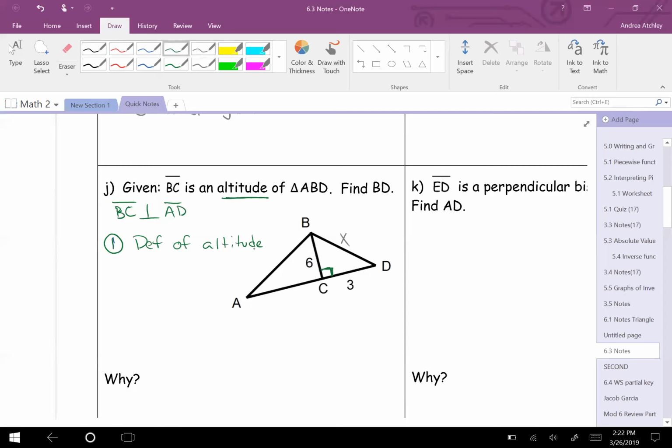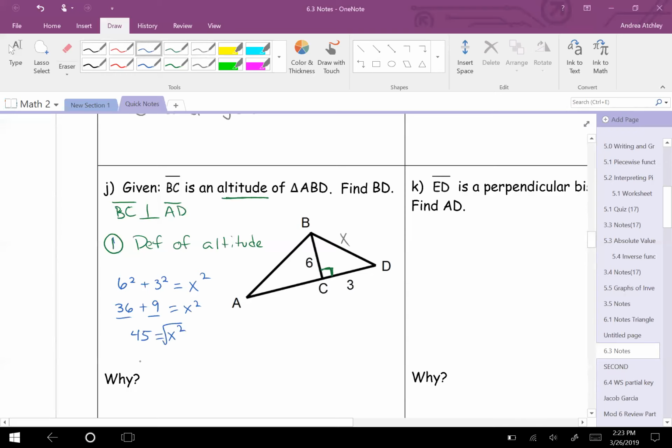Now, how can I find x? Oh, yay. It's a right triangle, so I can use the Pythagorean theorem. I can say 6 squared plus 3 squared equals the hypotenuse squared. So 36 plus 9 equals x squared. Combine the like terms and get 45 equals x squared.